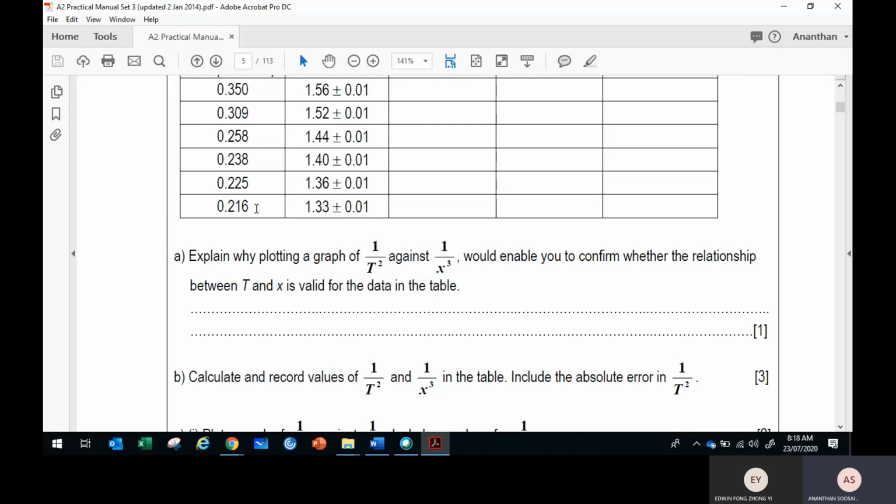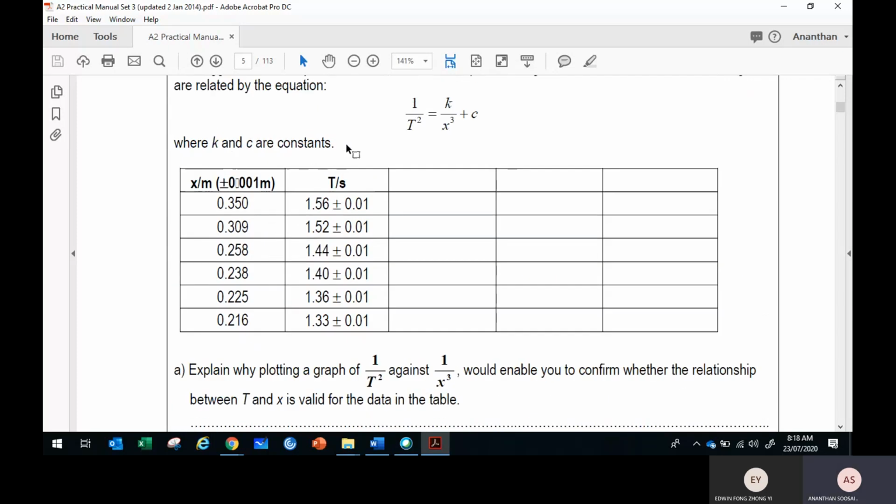First question: explain why plotting a graph of 1 over t squared versus 1 over x cubed would enable us to confirm that the relationship between t and x is valid for the data in the table. What they're asking is why, because you can plot any graph you like: t versus x, or t versus 1 over x.